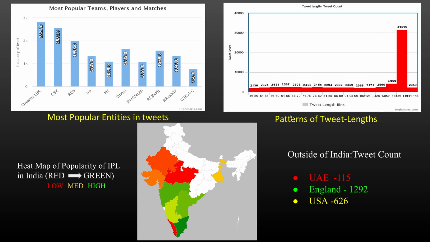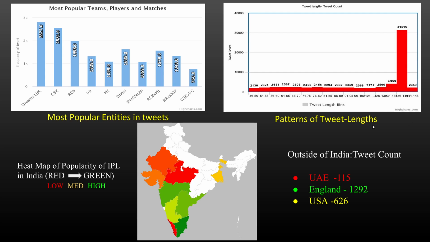In the second graph, which is patterns of tweet lengths, it's known that there was originally a word limit on Twitter of 140 words, but even after changing it to 280, we could observe that people are used to the previous word limit, which is 140 to 150.